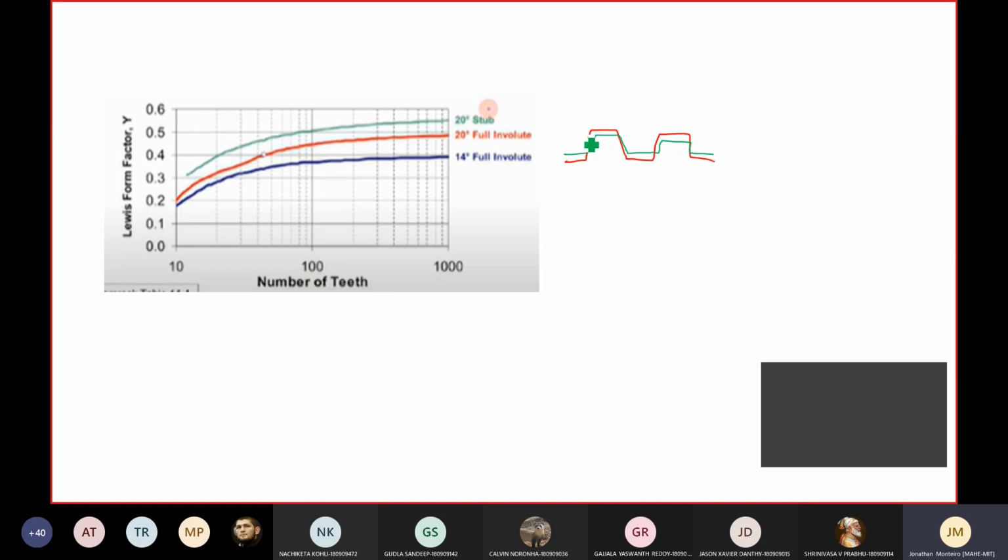Stub means it is slightly lesser height. It's a lesser height tooth. The stub tooth is 20% less height than the full involute. 20% less.